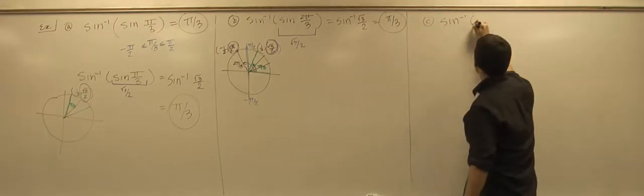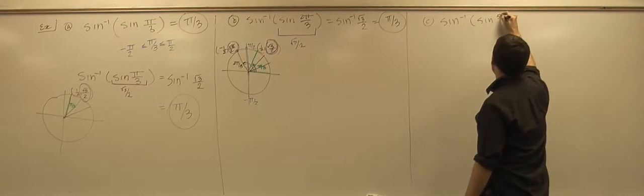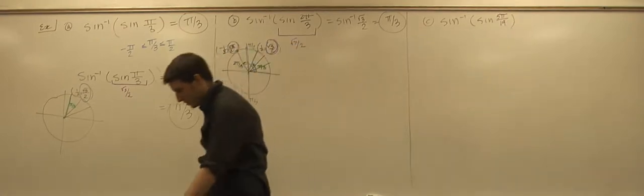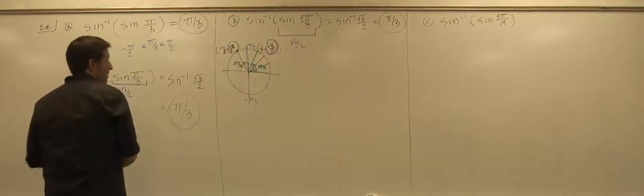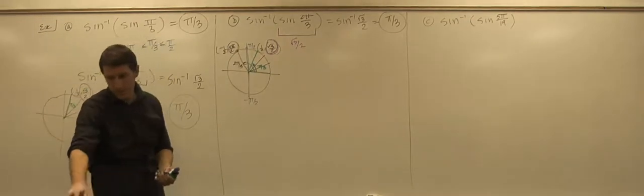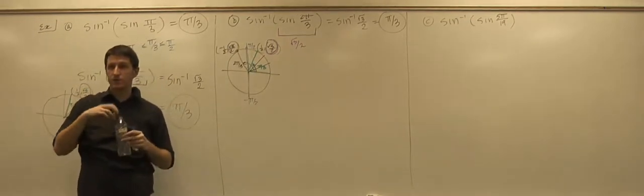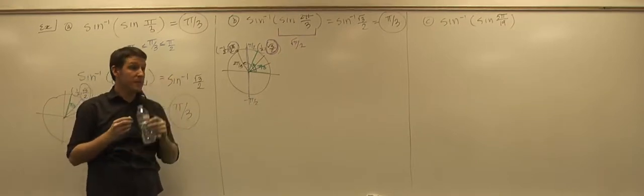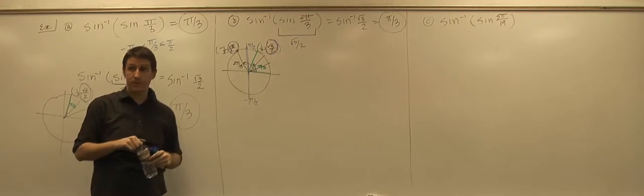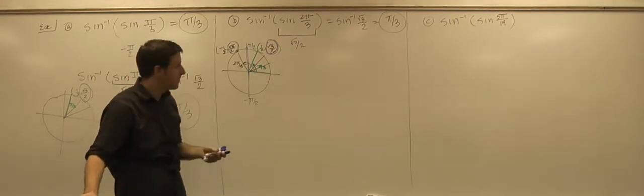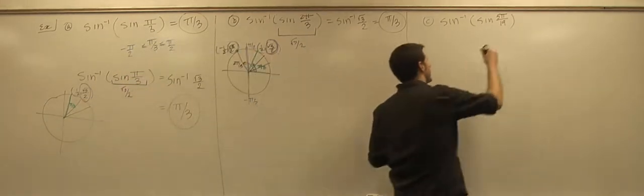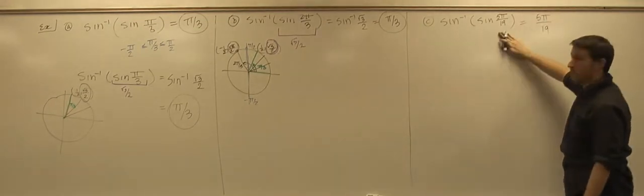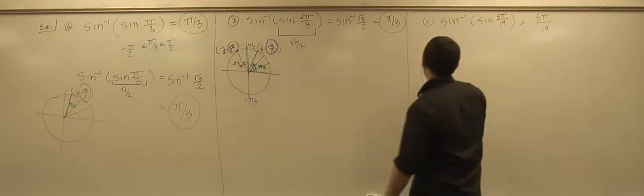So like this guy, sine inverse of sine of 5 pi over 19. What say you, trig students? 5 pi over 19, why? Between pi over 2, yeah, this is in the correct range.